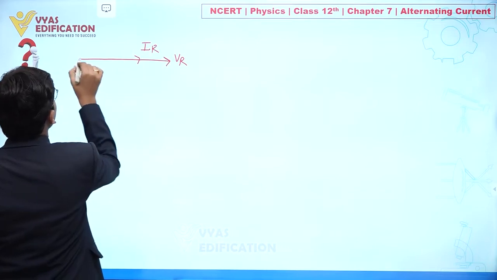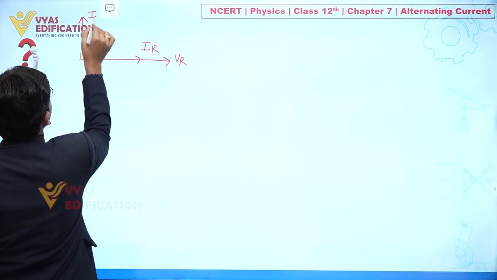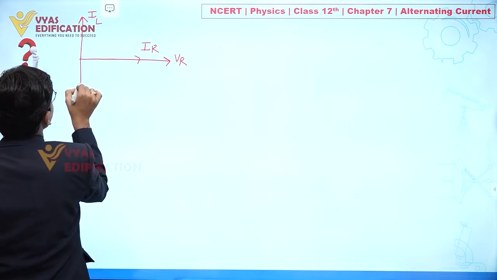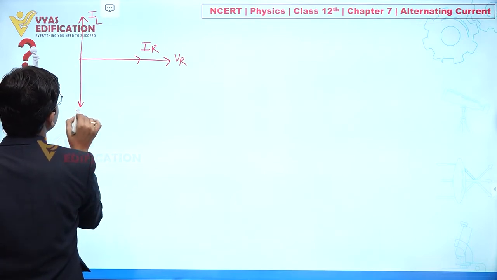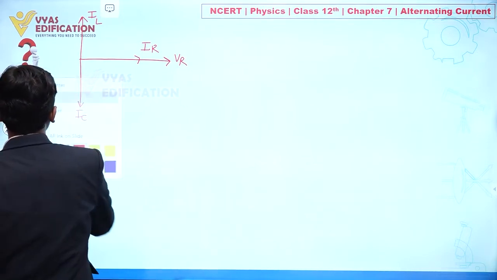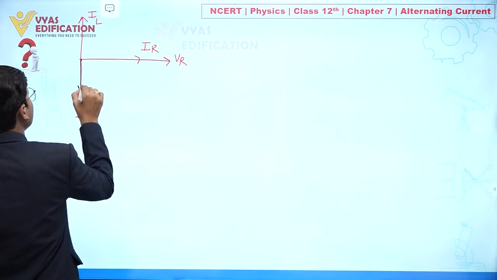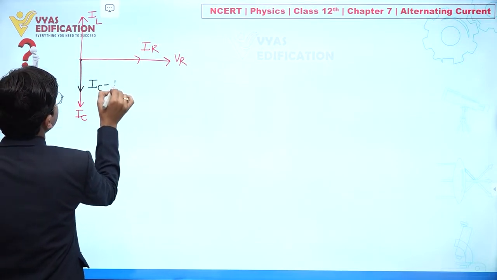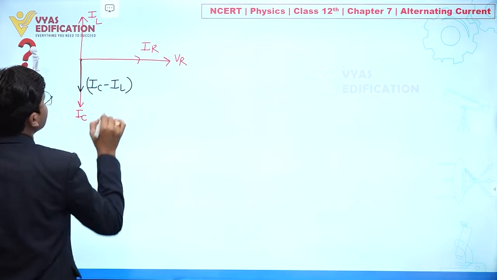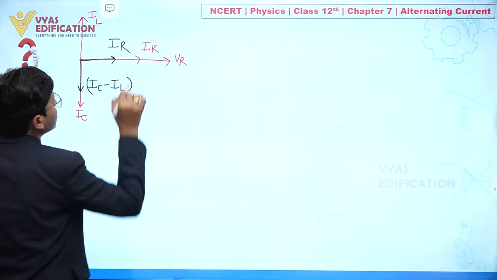Clear? In the upward direction we have IL, and in the downward direction we have IC, yes or no? Let's suppose IC is greater than IL. In this case we can say this is IC minus IL, and this is IR, clear.